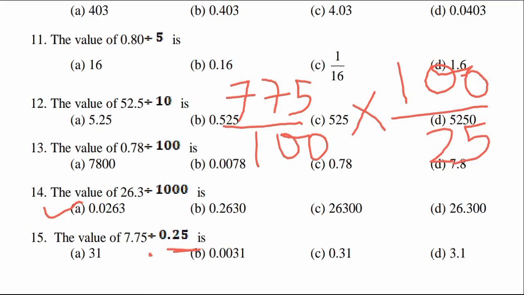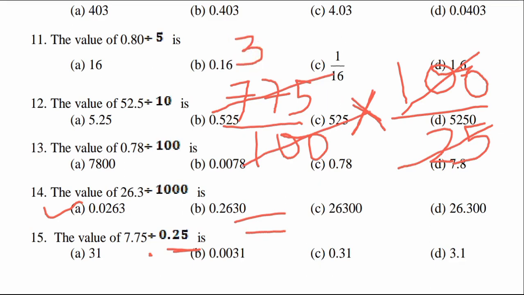It is 25 upon 100. So we have taken 100 upon 25. Now 100 cancels. And we divide this number by 25. So 25 threes are 75. 7 minus 5, 2, 25 again. So here we get the answer 31. And it is given in option A.